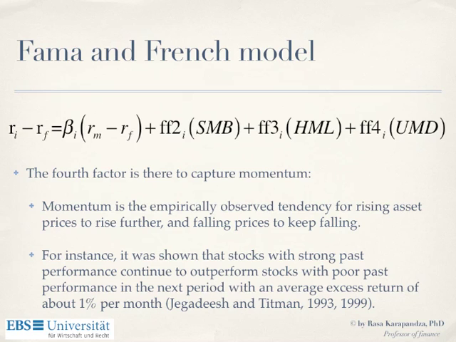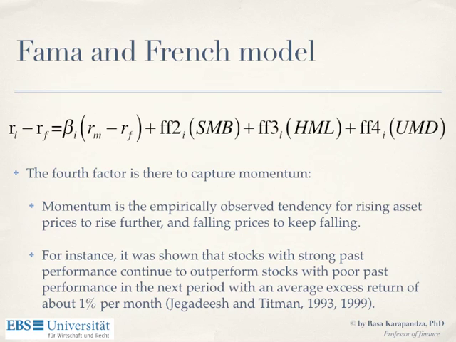So first beta, the normal beta that we call it, will be the slope of this plane with respect to this axis. The second beta, which I call Fama-French factor 2, would be the slope of the returns of the company with respect to the return of small minus big companies.